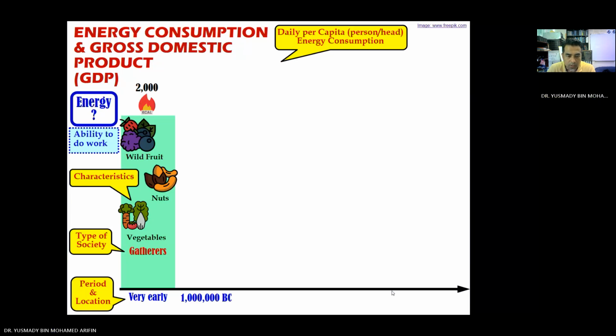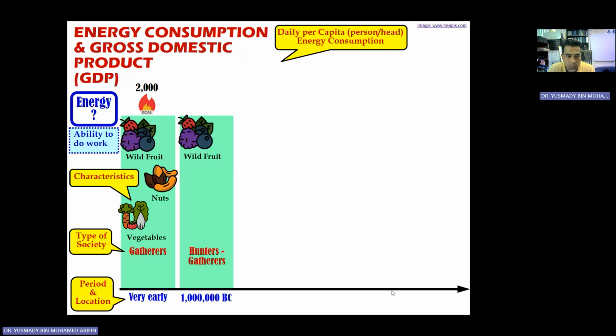Okay, and during 1 million BC, 1 million years before the century, the type of society had already changed. The activity was now a mix of hunting and gathering. The gatherer and hunter was the main activity of society at that time, where they still continued gathering wild fruit.